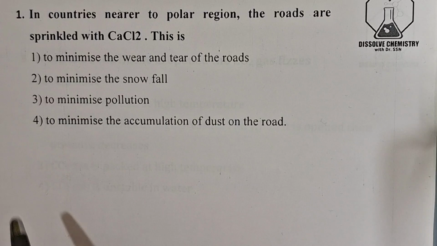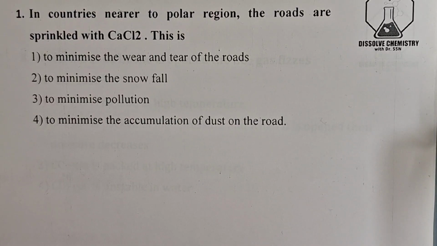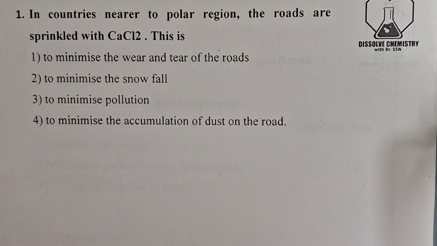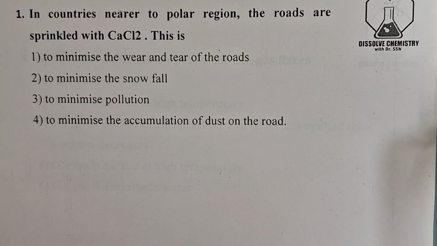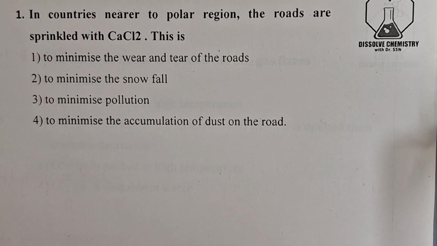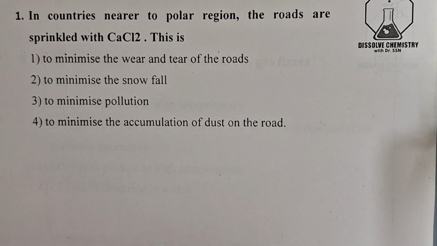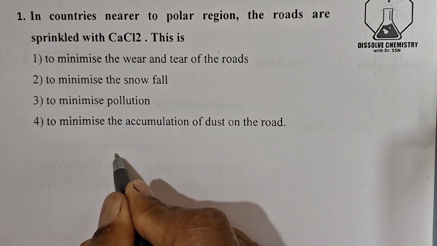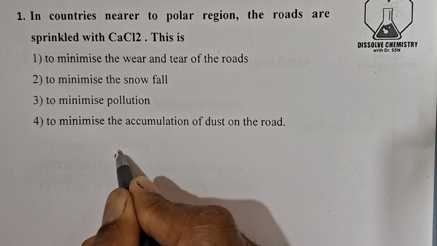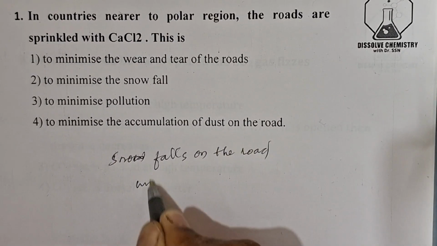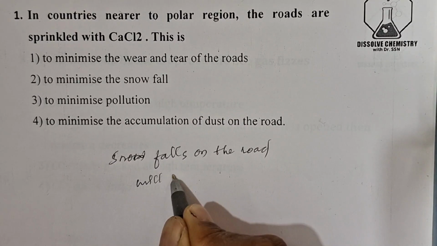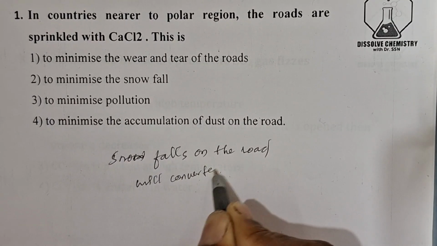Actually, calcium chloride is added to lower the freezing point of water. When the snow falls on that calcium chloride, it becomes a solution of a non-volatile solute. Hence its freezing point decreases. As the freezing point decreases, whatever snow falls on the road is converted into liquid water.